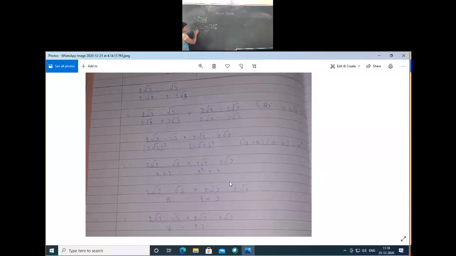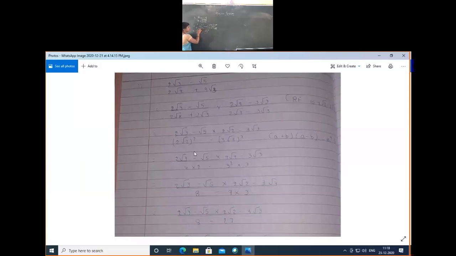In the denominator, 7 is the same, the signs are opposite, but 3 root 5 is the same. Terms are the same with opposite signs, which indicates the formula a plus b into a minus b equals a square minus b square. So we apply 7 square minus 3 root 5 whole square.